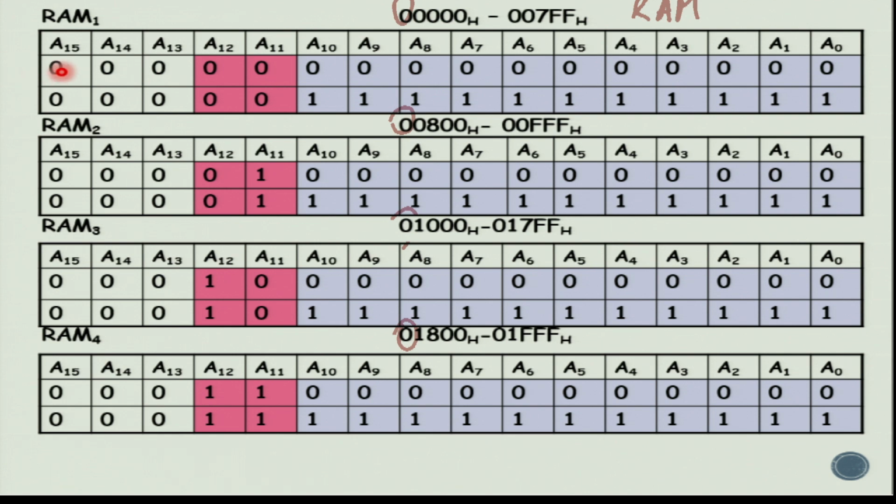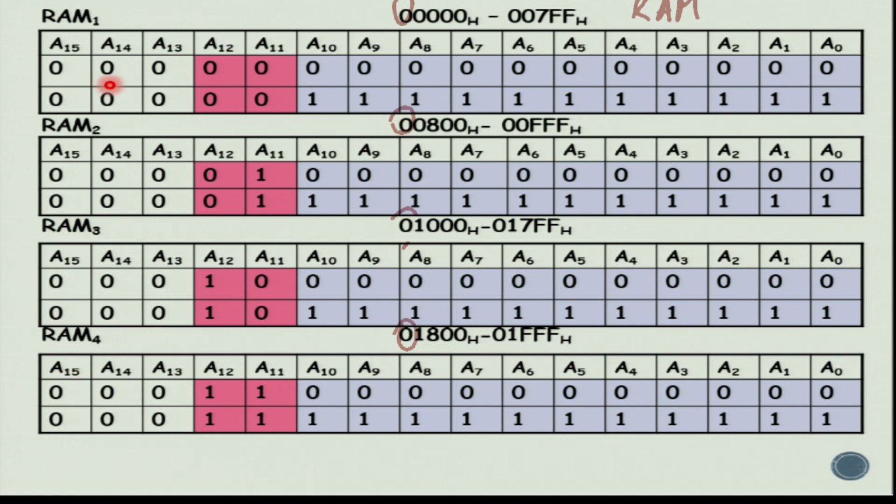If you look at the other address lines A11 to A15, one thing that you will notice is A13, A14, A15 are going to be 0 for RAM 1 as well as for RAM 2, RAM 3 and RAM 4. So A13, A14 and A15 are all low for all four RAM chips, so these cannot be used for selecting between RAM 1, RAM 2, RAM 3 and RAM 4.